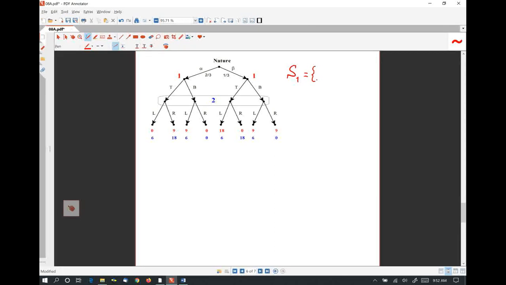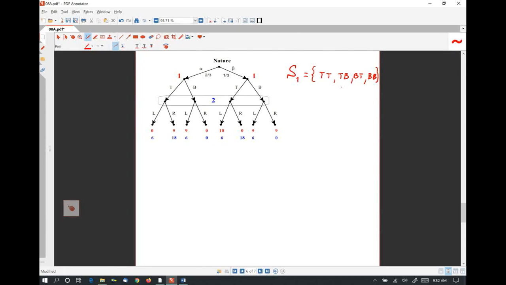So if player 1 has 2 information sets, each consisting of only one node, we have to specify in a strategy what player 1 does at the information set on the left and at the information set on the right. So TT is one possible strategy, TB is another one, BT and BB.